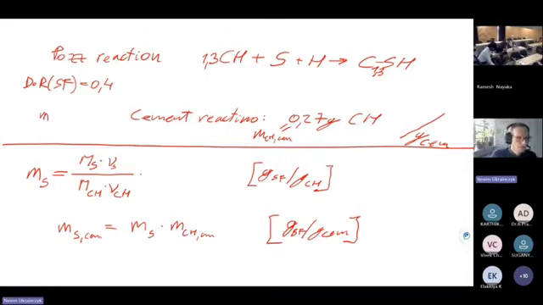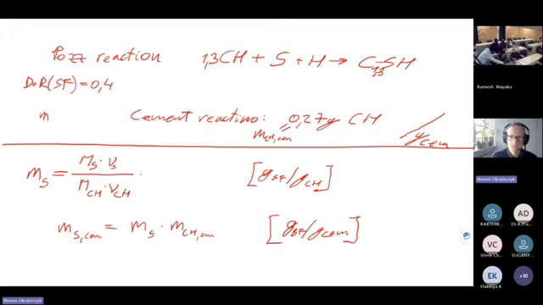Any questions here for this example? You can do the same stoichiometric calculation for any degree of reaction. You can also ask yourself, if I put 10% of replacement and I have so much portlandite in cement in the reference, what would be the amount of portlandite in your cement paste?